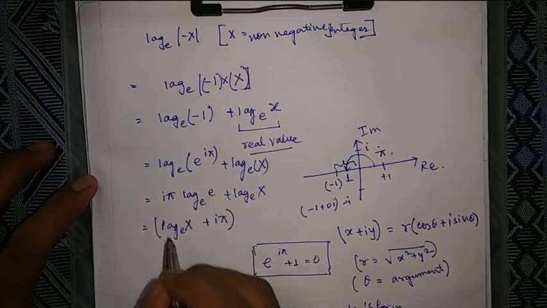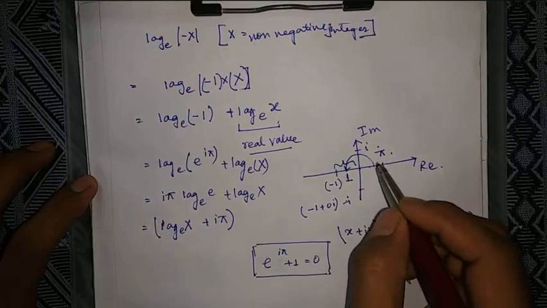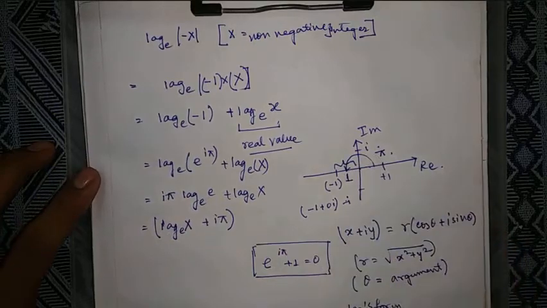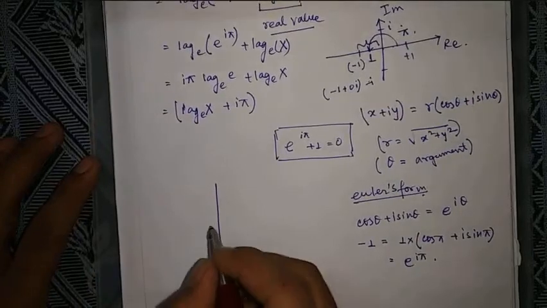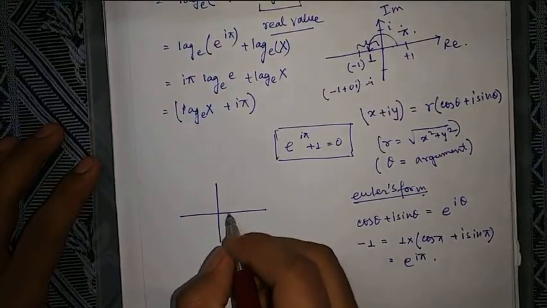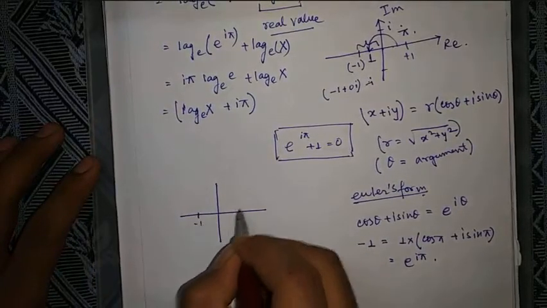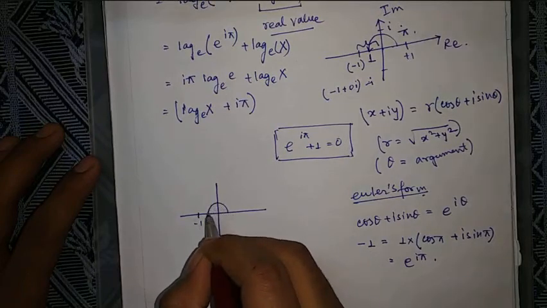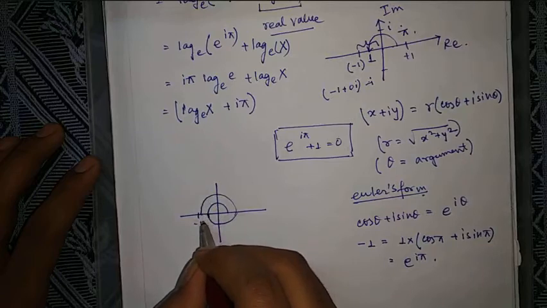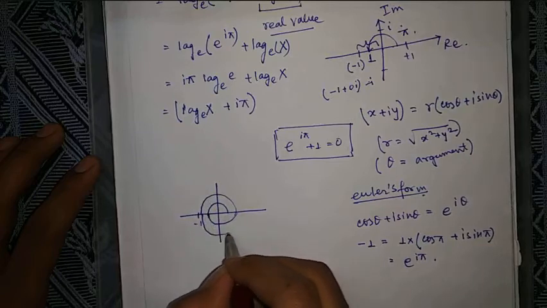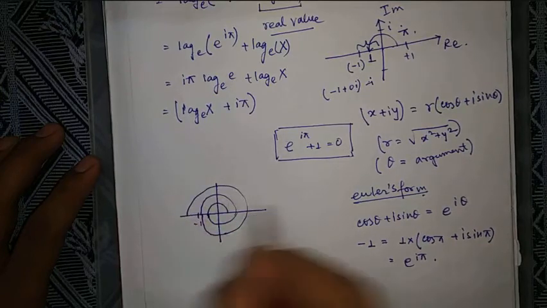But actually this is the principal value for the argument here, because when you take -1, you can go half a round, or 1.5 rounds, or 2.5 rounds, and so on.